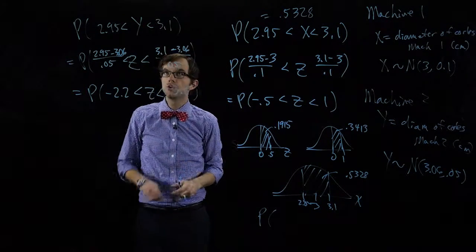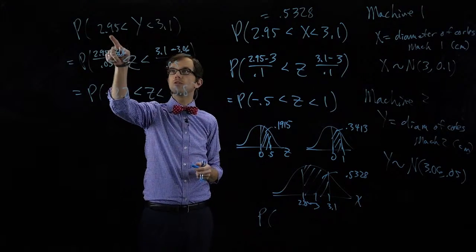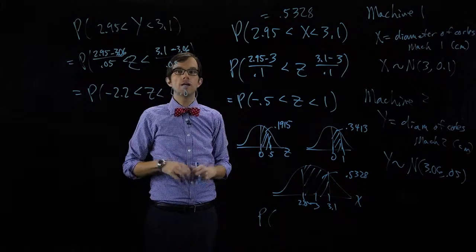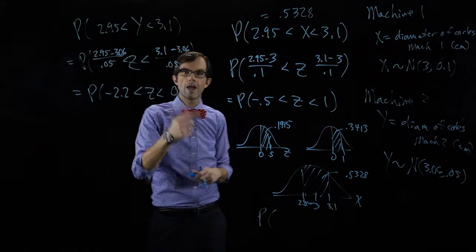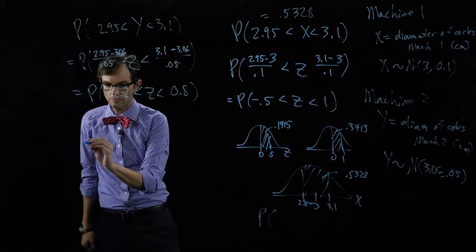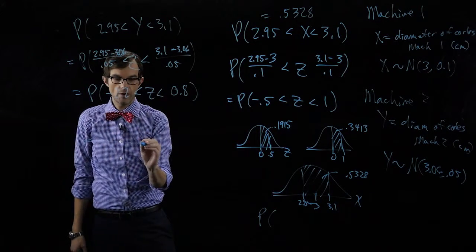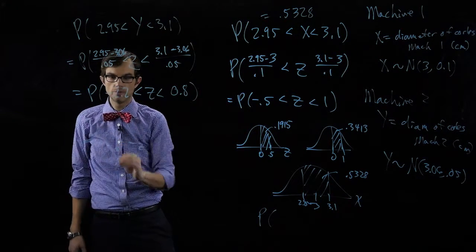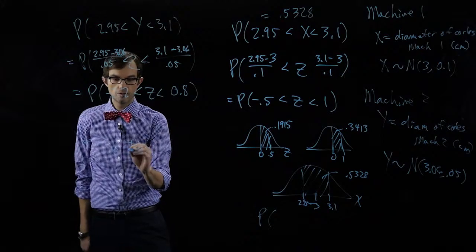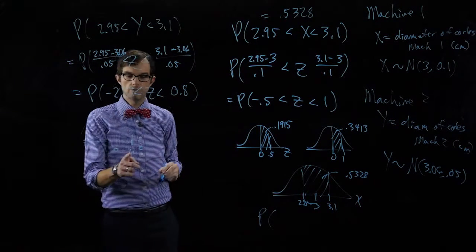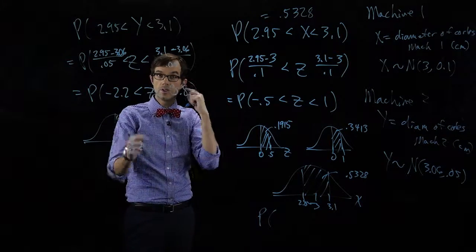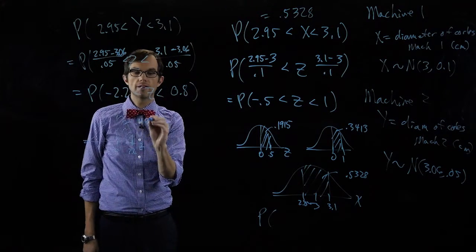So the probability that y lies between 2.95 and 3.1 is equivalent to the probability that z lies between negative 2.2 and 0.8. We can look this up in our handy dandy z-chart. The area between 0 and 2.2 is 0.4861.